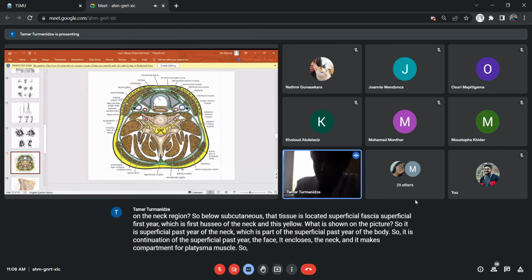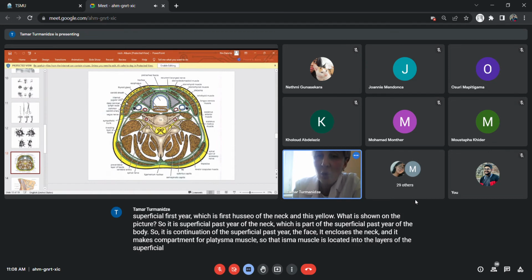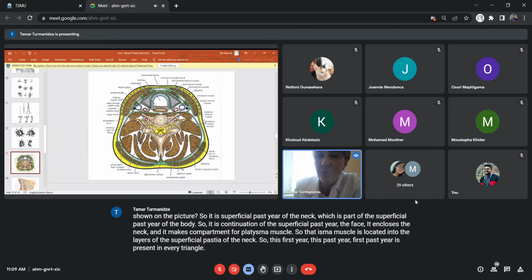So the platysma muscle is located within the layers of the superficial fascia of the neck. This first fascia is present in every triangle of the neck we have told about.